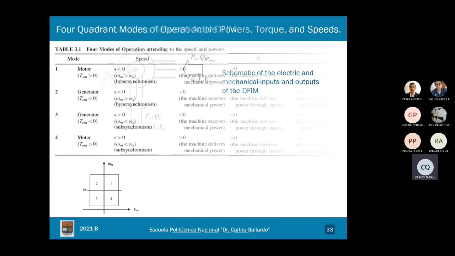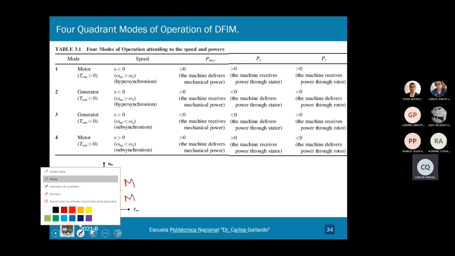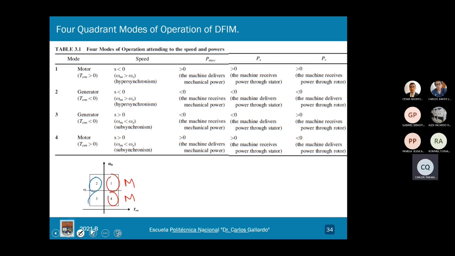Okay, so now I want to analyze the 4-quadrant mode of operation of the double fed induction machine. So from the previous equation, I will have 4 possible combinations. I will have this one, this one is motor operation, and this one and this one, I will have generator operation.